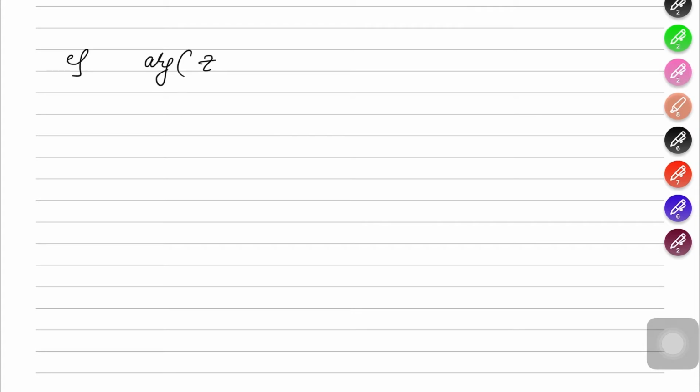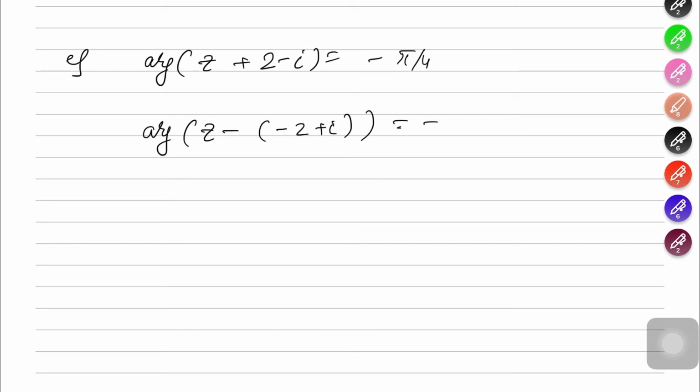Let's take one more example for more practice. Argument of z plus 2 minus i is equal to minus pi by 4. Obviously here we can write it as argument of z minus (minus 2 plus i) is equal to minus pi by 4. So clearly z naught is minus 2 plus i, the point from which the ray is emanating.